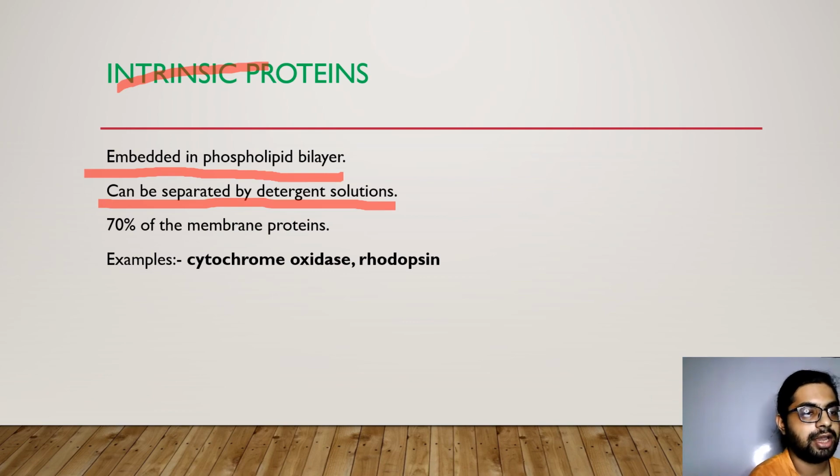So they account for 70% of the membrane proteins. Some examples of intrinsic proteins are cytochrome oxidase and rhodopsin. These have their own structures, which is not so important as of now.